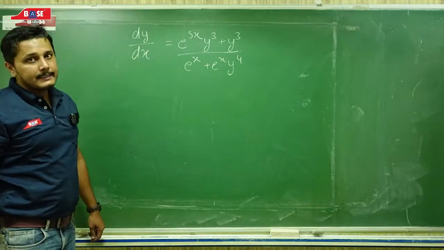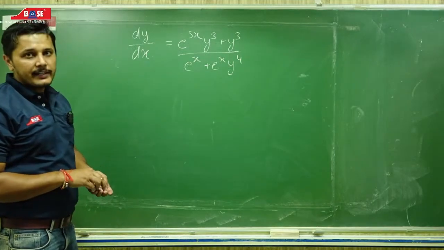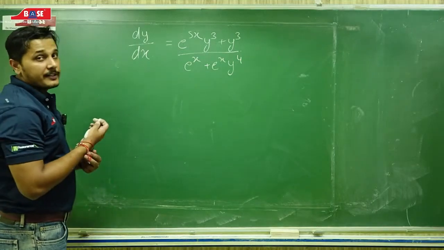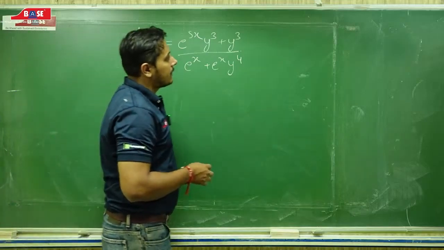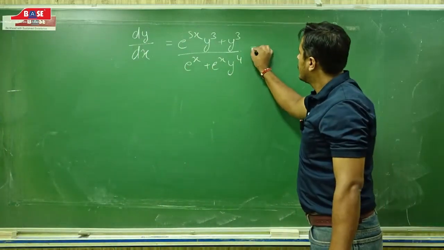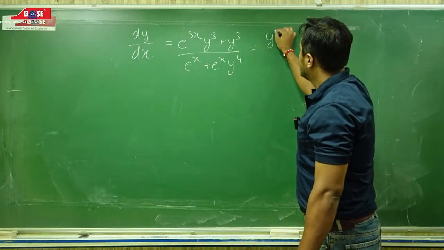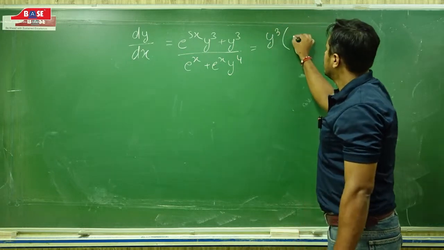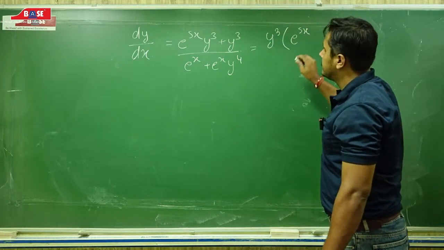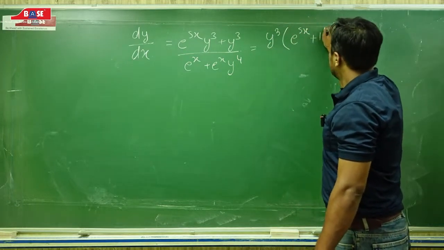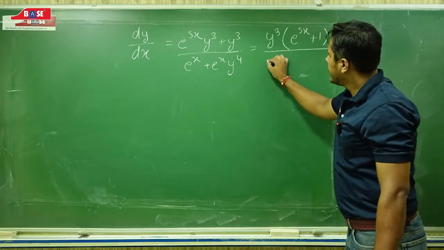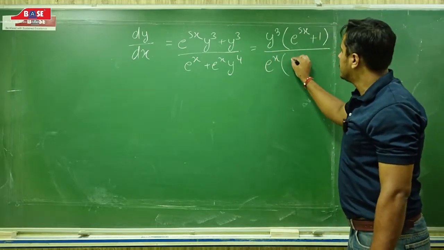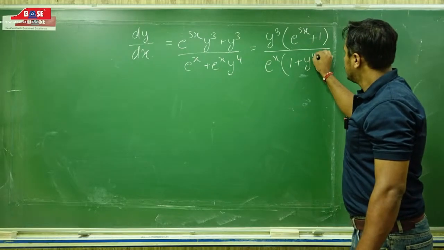So we can see here, we can separate the variables. The first thing we learn in the differential equation chapter is how to separate variables. So from the numerator take y cube common. This will become e to the power 5x plus 1, divided by, I can take e power x common, and this will become 1 plus y power 4.